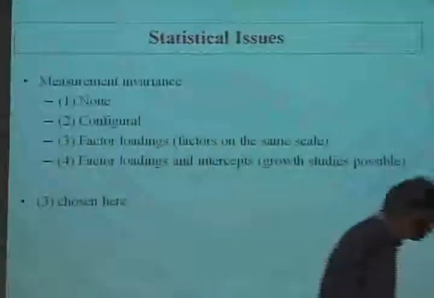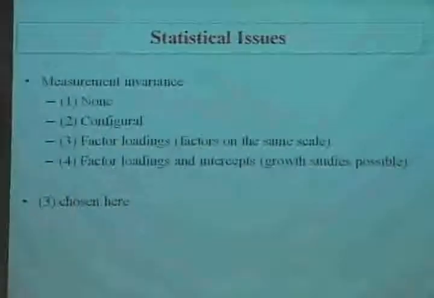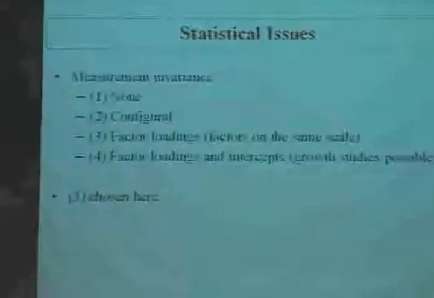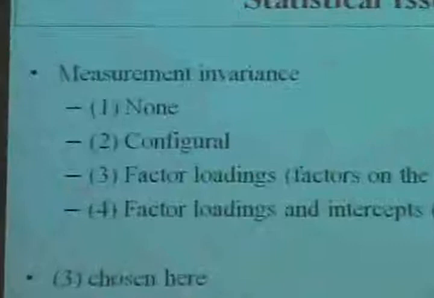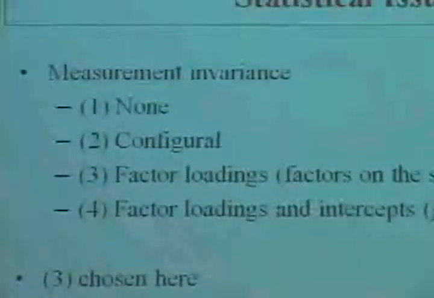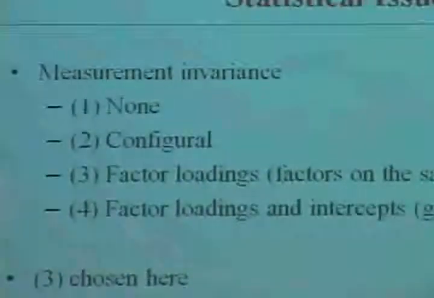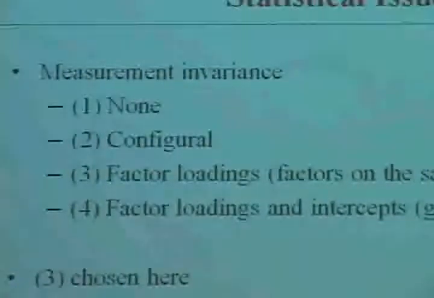In these particular settings, you can have different measurement invariance settings. None here refers to having a completely different structure between the 2 time points. Configural means that you can have the same structure.